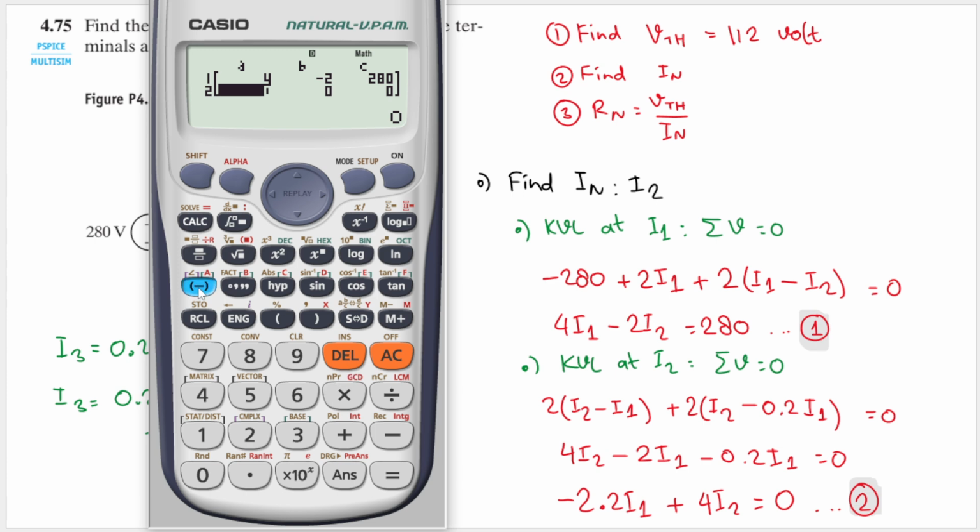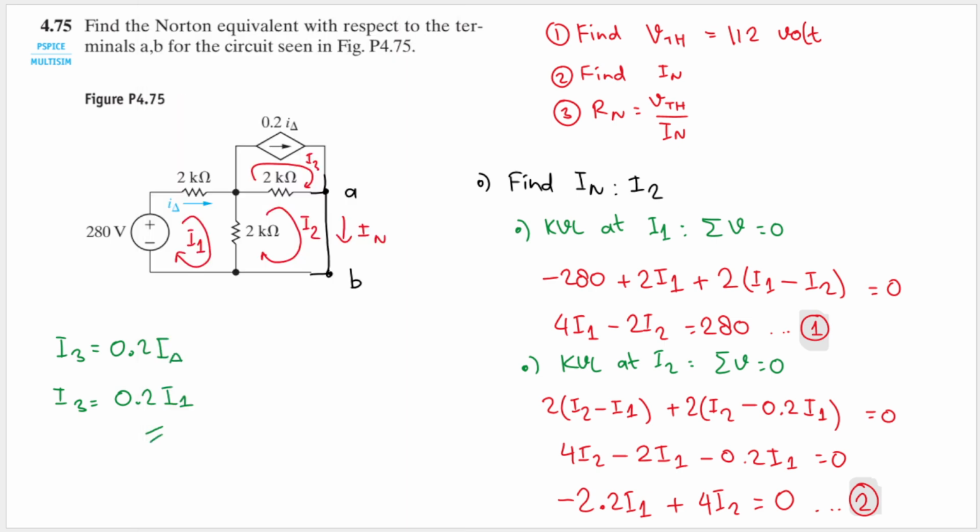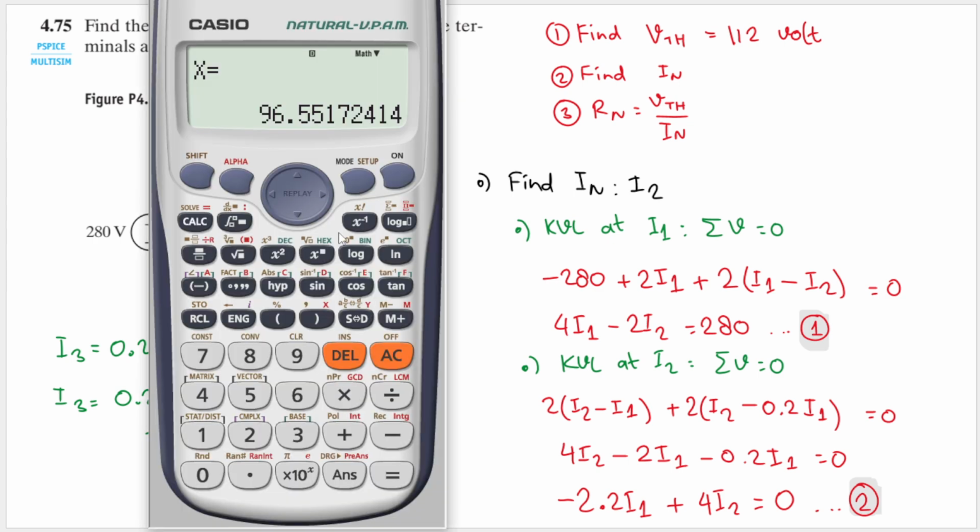And then we'll have minus 2.2, and then 4, and then 0. So we will have I1 is this one, 96.55.